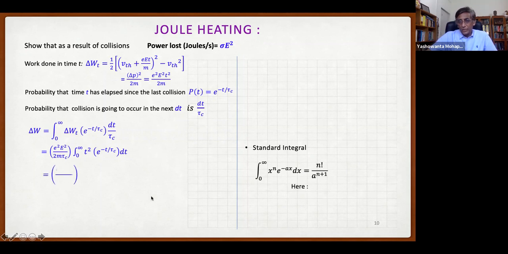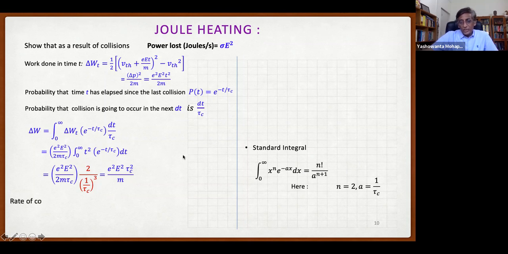Here, of course, n is equal to 2, and a is equal to 1 by tau c, so this will be 2 tau c cubed. This integral from 0 to infinity gives E squared tau c squared by m. So that is the work lost because of collisions for all times.